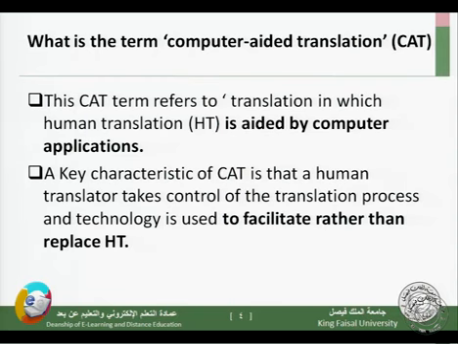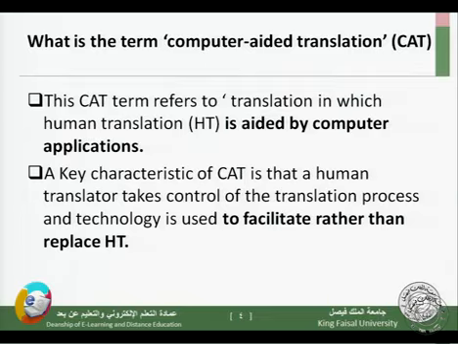Now, second point, the key characteristic of CAT is that the human translator, you, takes control of the translation process, and technology is used to facilitate rather than replace a human translation. It means you are in control, not the computer.